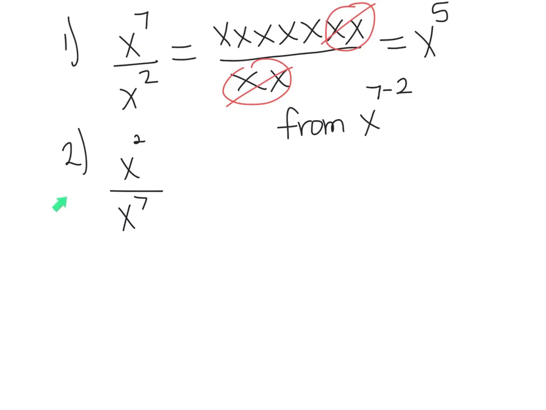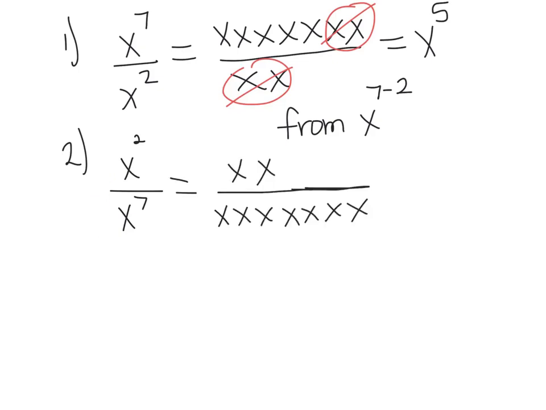Here we are going to do the same problem as number 1, but just reversed. X to the second is up top and x to the seventh is in the bottom. As we start the exponent unit, I am expanding things out, but in the future we will not want to do this. Here we have 2 x's on the top and 7 on the bottom. And again, we are going to take the 2 up here and cancel out with 2 on the bottom.